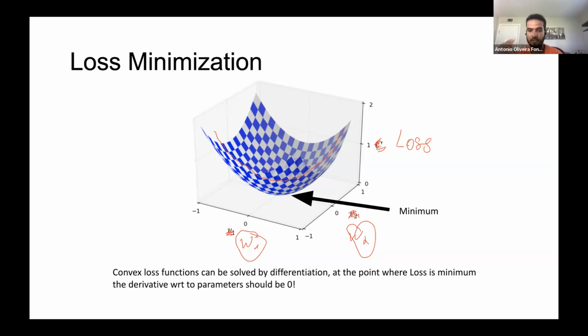And then, as we just saw, this point where we have the lowest loss is luckily defined by a very cool characteristic: ideally, when I get to this point, the partial derivative with respect to all the weights that I have is going to be equal to 0.